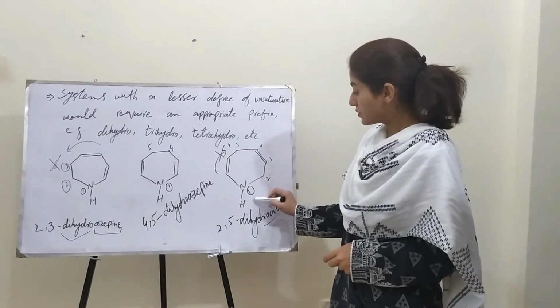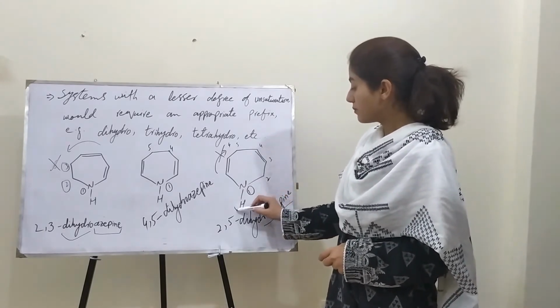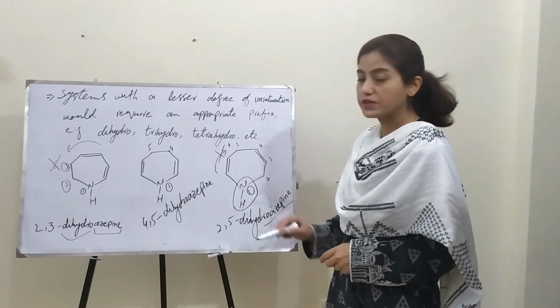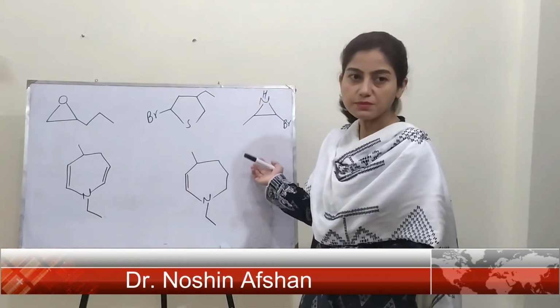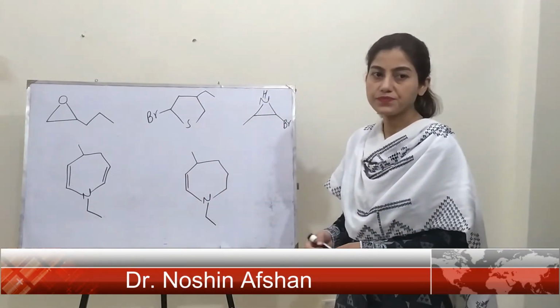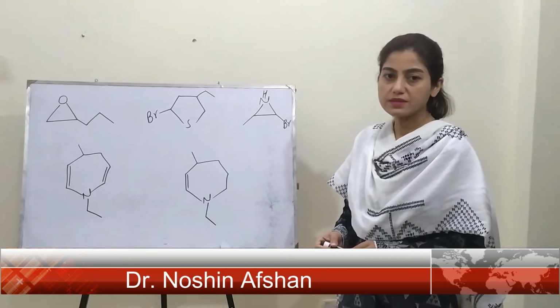And here one thing more, that we do not mention the saturated heteroatom in the name of this compound. So here there are some examples that you may practice to write down their names.